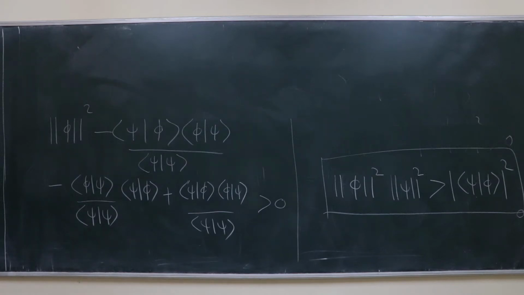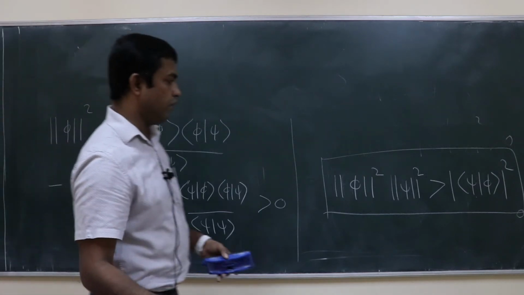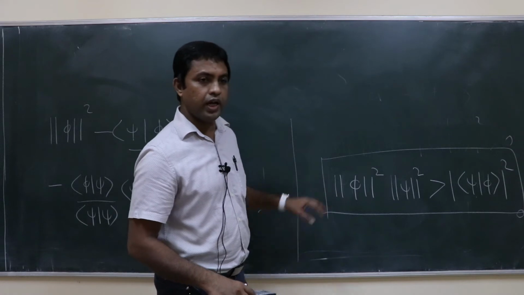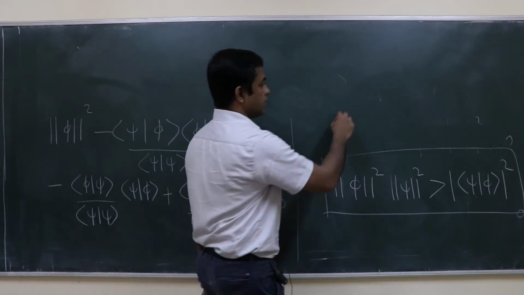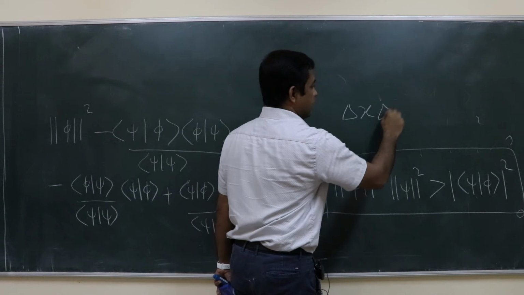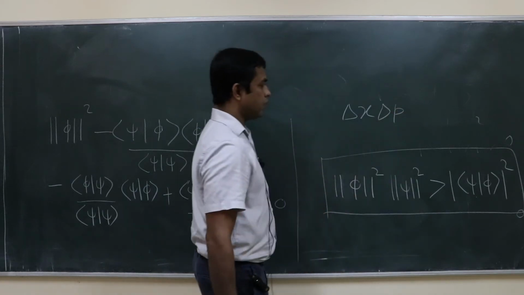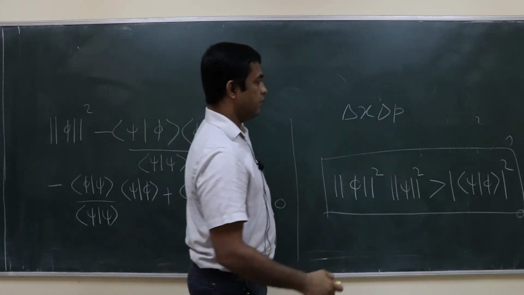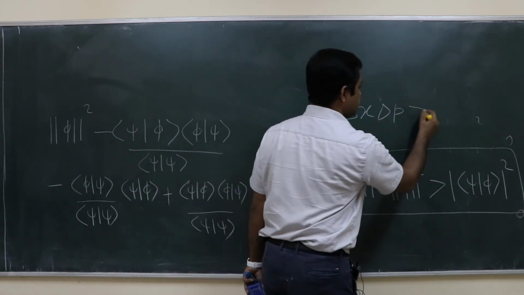Using this formula we can derive the uncertainty relation. So what is the uncertainty relation? I am just telling you now, delta x delta p. Anybody knows about the uncertainty relation?